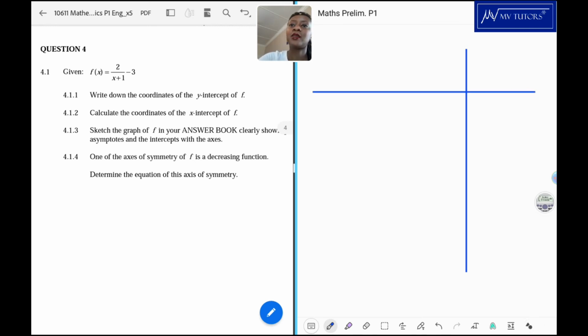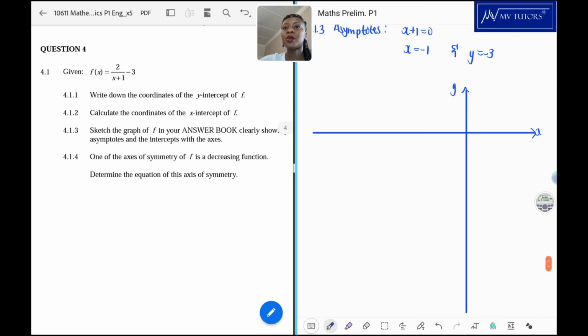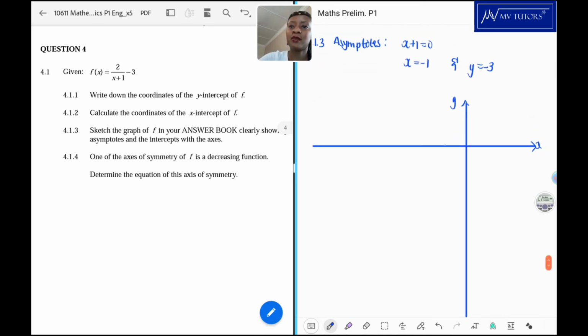So here we have our y-axis and then we have our x-axis. We know our asymptote is minus 1. So I'm just going to say that's minus 1, minus 1, minus 2, minus 3.